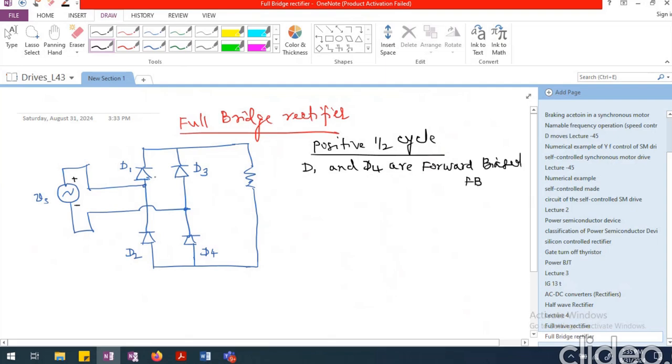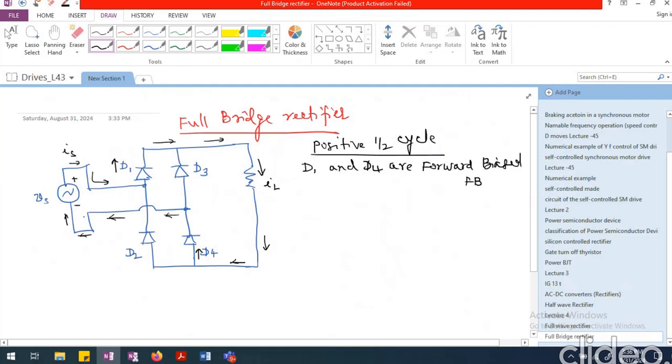Because of which the current is going to take a path like this. Let me call this IS. It will go through the diode, come down through the resistance, and this is going to be the load current. It goes through D4 and ultimately returns to the source.